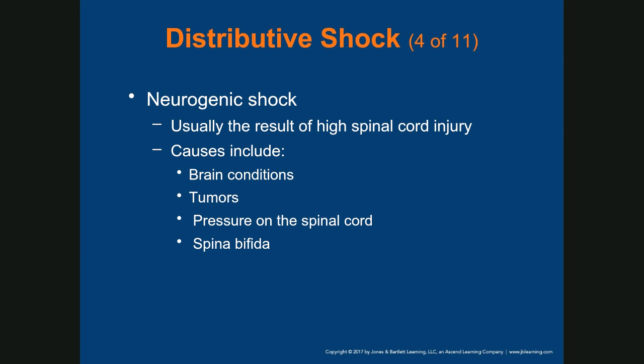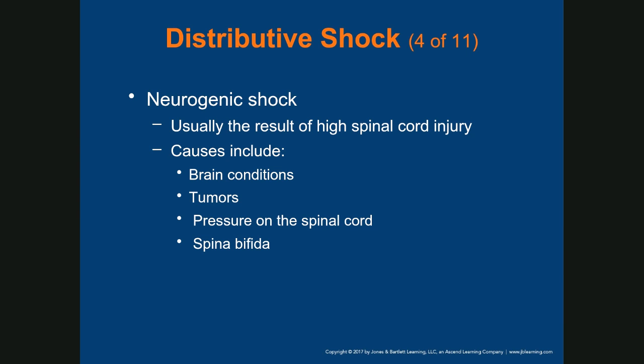Now, neurogenic shock is very unique because the injury or complication cuts off the sympathetic stimulation. This patient will have limited or no sympathetic signs and symptoms. What do I mean by that?